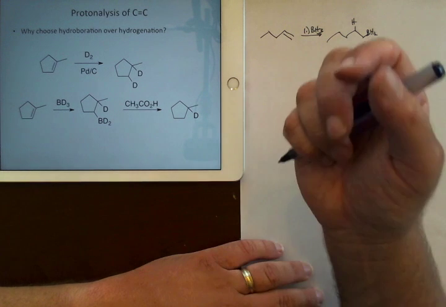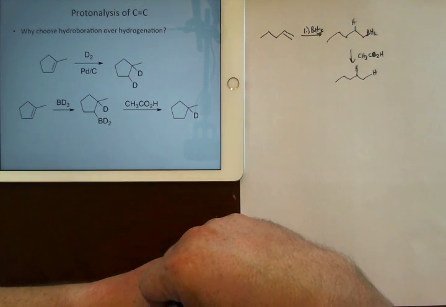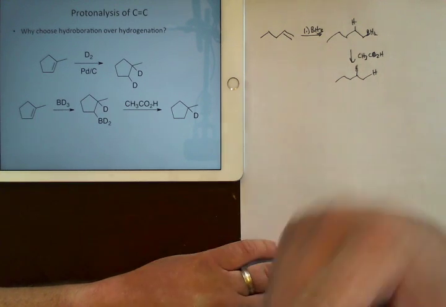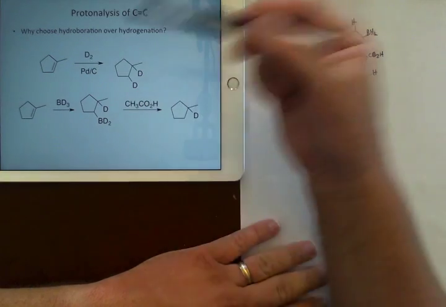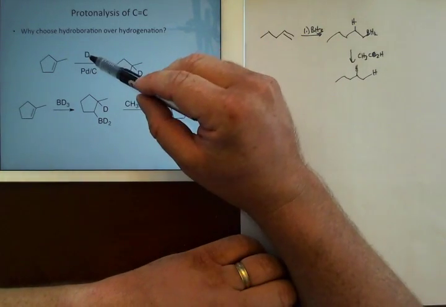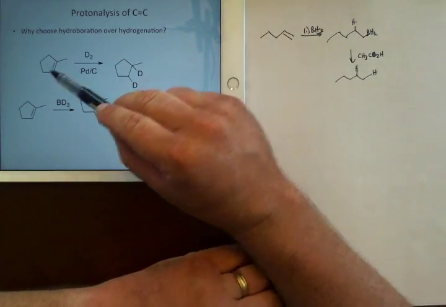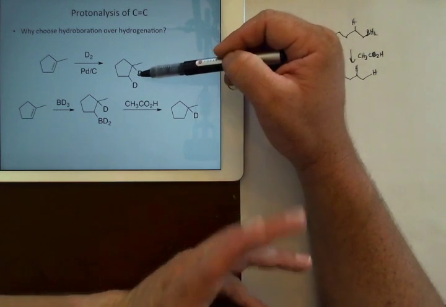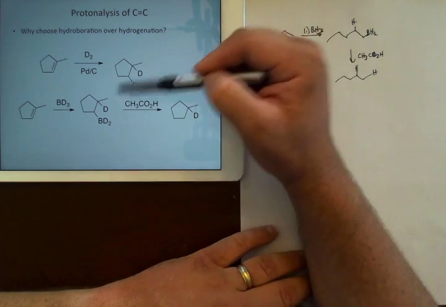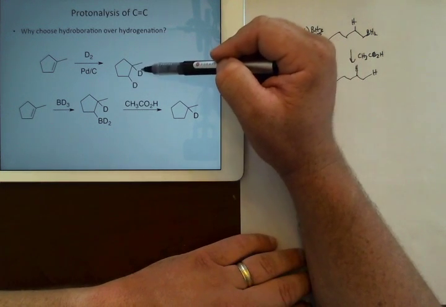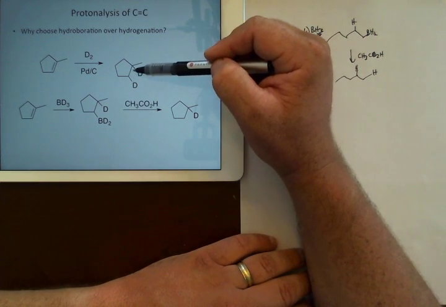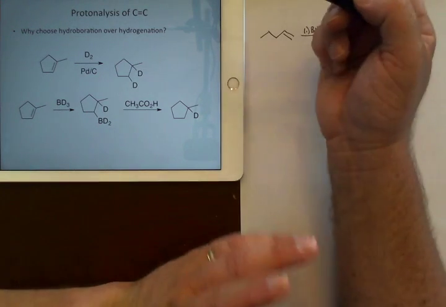You can also use this if you want to put in isotopes. Because if you do D2 instead of H2, the deuterium version, you would put deuteriums on the same side, but on both sides of the alkene. It'd be a syn addition on both sides of that alkene. If that's what you want, great.